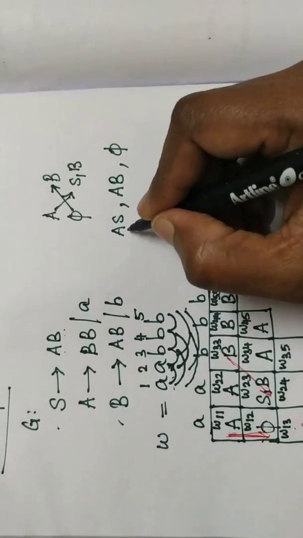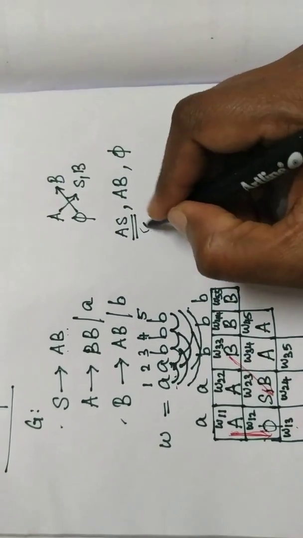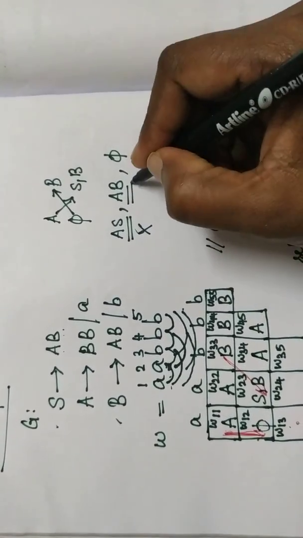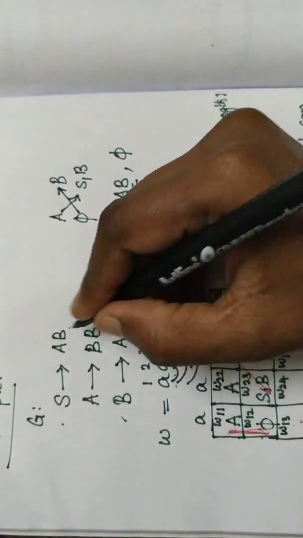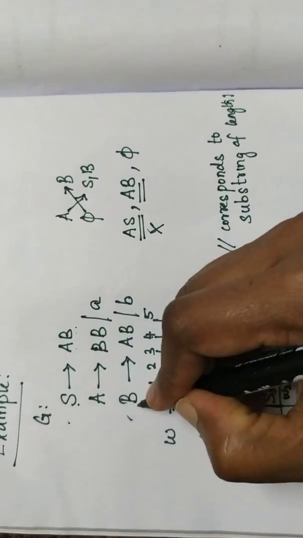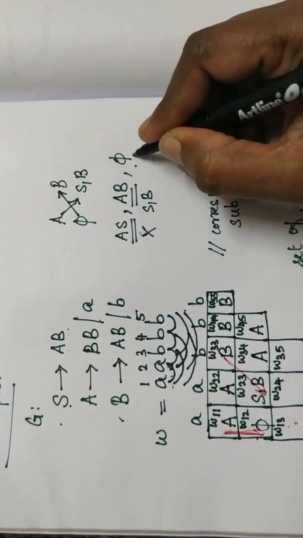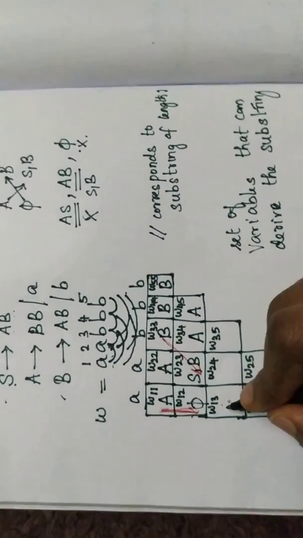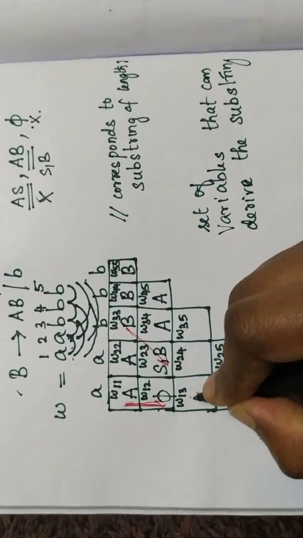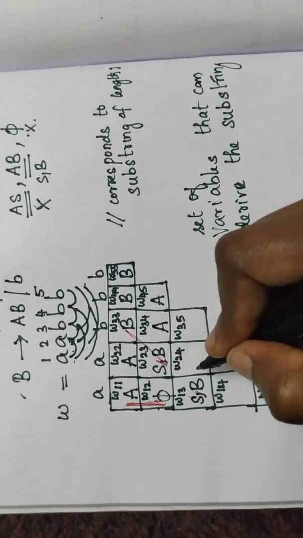We don't have anything such as AS on the right hand side, but we have AB, which is derived by the variables S and B. And 5 is also not available. So this cell can be filled by variables S and B.